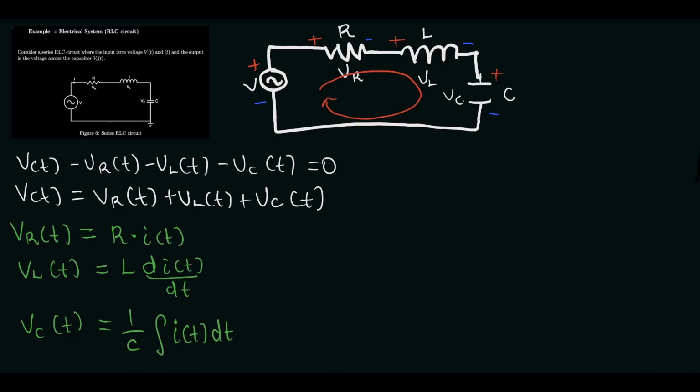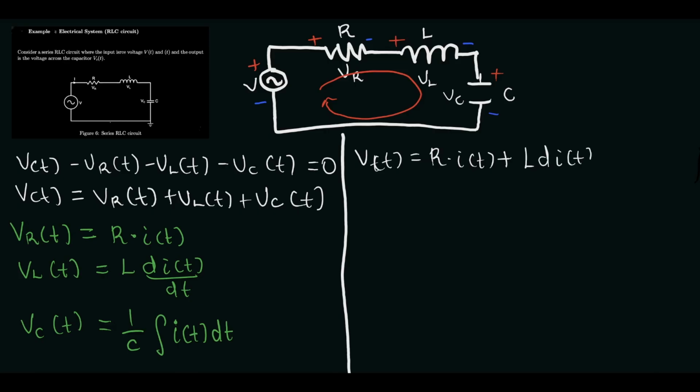So putting this into the equation, you have V(t) equals R times your current plus your inductor multiplied by the differential of the current flowing through it plus 1 over C integral of your current dt.